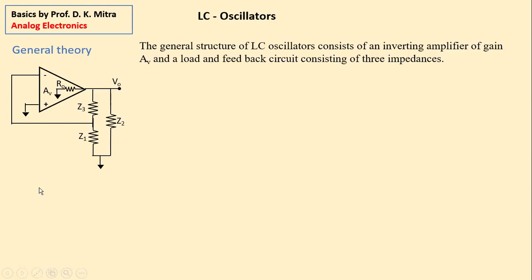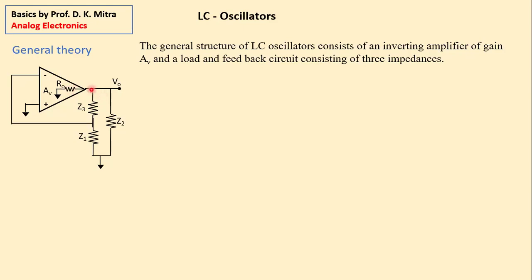This is the general structure of an LC oscillator, where it consists of an inverting amplifier. That means the feedback input is given to the inverting or negative input of the amplifier. The amplifier is represented by open loop gain AV, and the amplifier will always have an output resistance or output impedance RO, right?